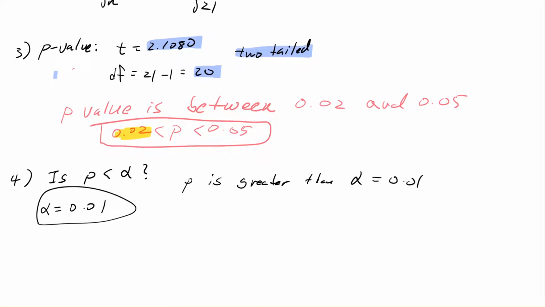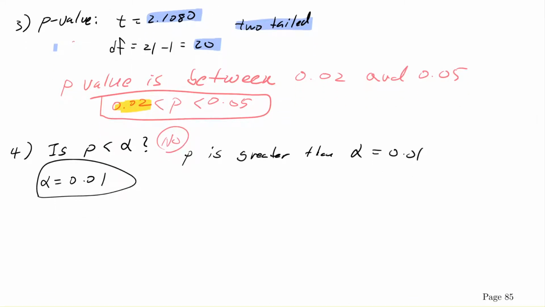You can also pick any p-value between 0.02 and 0.05 to compare to alpha; that number is always greater than 0.01. So our answer to the question, is p less than alpha, is no, which means we fail to reject. So for our conclusion, we fail to reject, or do not reject, which means the same thing. Fail to reject H naught.